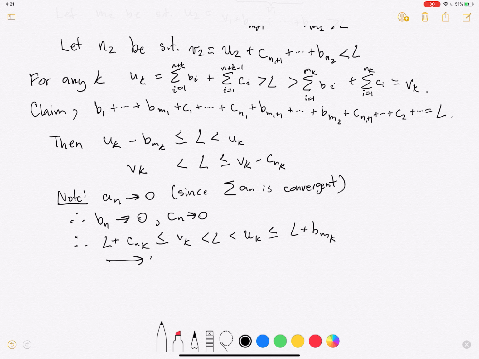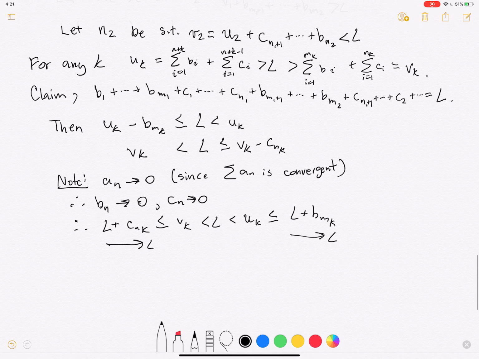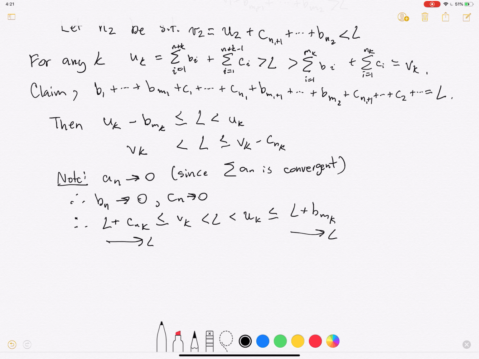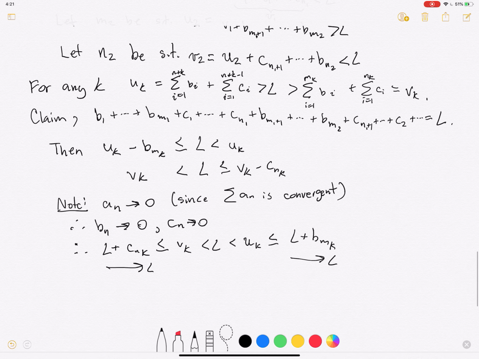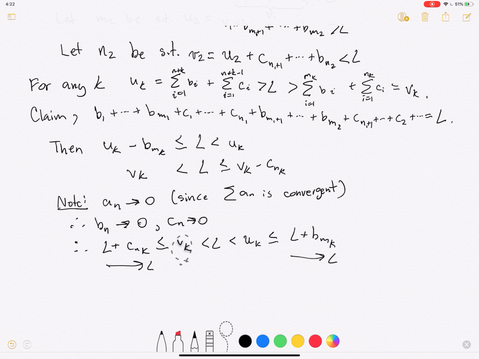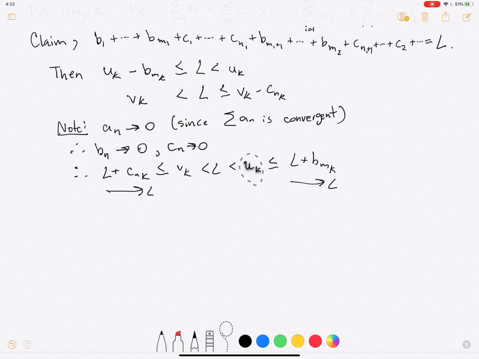So this must go to L, and this must go to L. We have L squeezed in by two terms going to L, so V_k is squeezed in there and U_k is squeezed in there, and the other sides go to L. By the squeeze theorem, V_k and U_k must go to L.